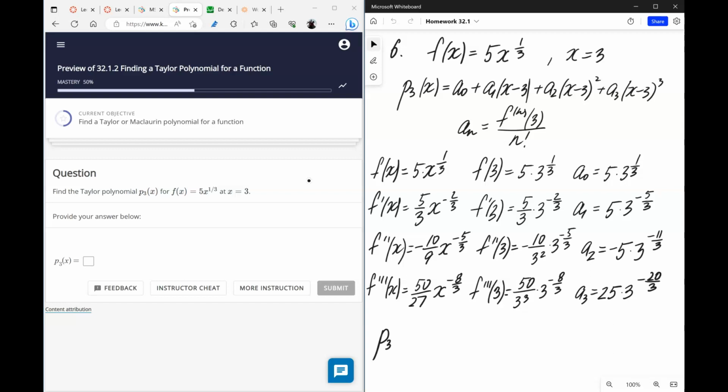So the polynomial is equal to 5 times cube root of 3 plus 5 times 3 to the power, this is actually negative.